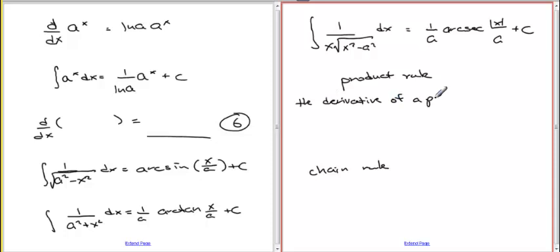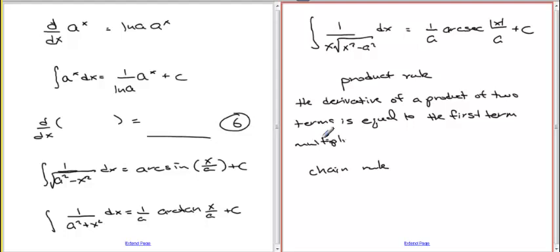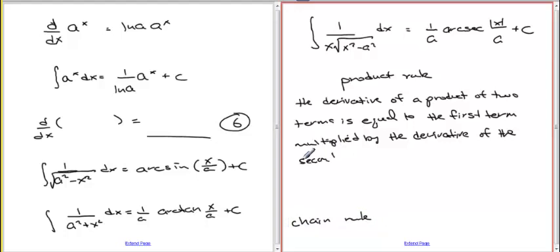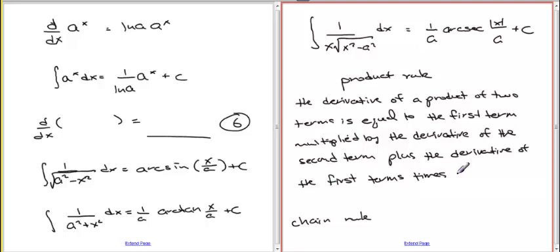of a product of 2 terms is equal to the first term multiplied by the derivative of the second term, plus the derivative of the first term times the second term.